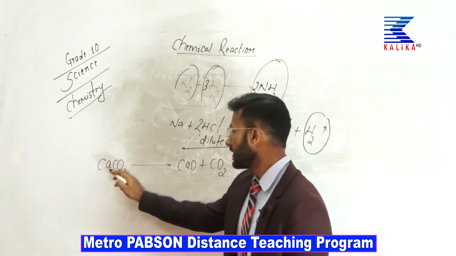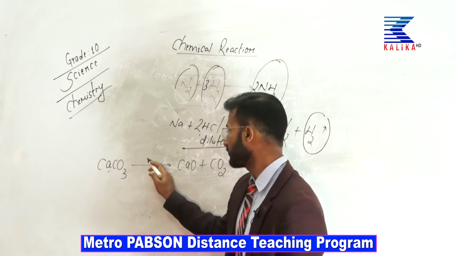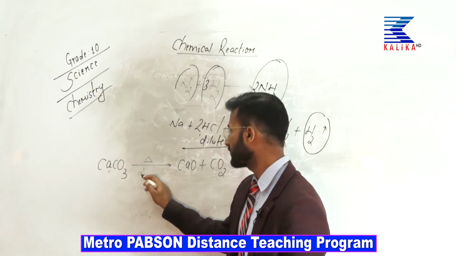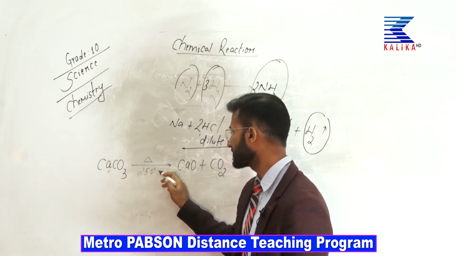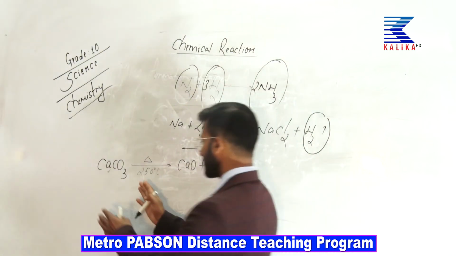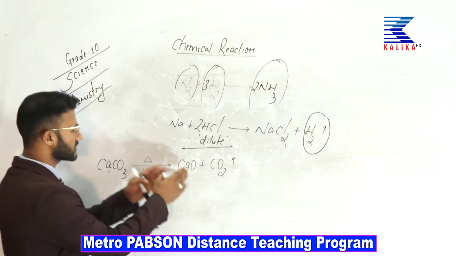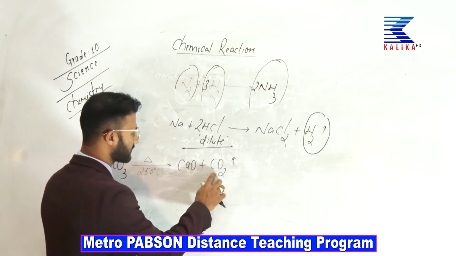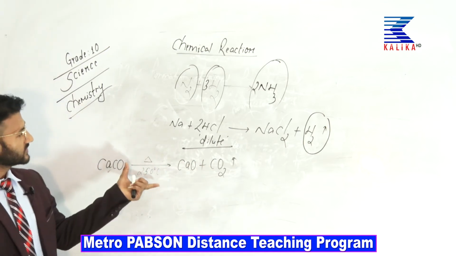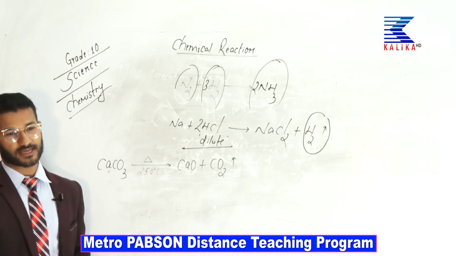See, calcium carbonate breaks down only when it is heated at about 250 degrees Celsius. Calcium carbonate decomposes into calcium oxide and carbon dioxide only under the supply of heat, which is not shown in the balanced chemical equation.